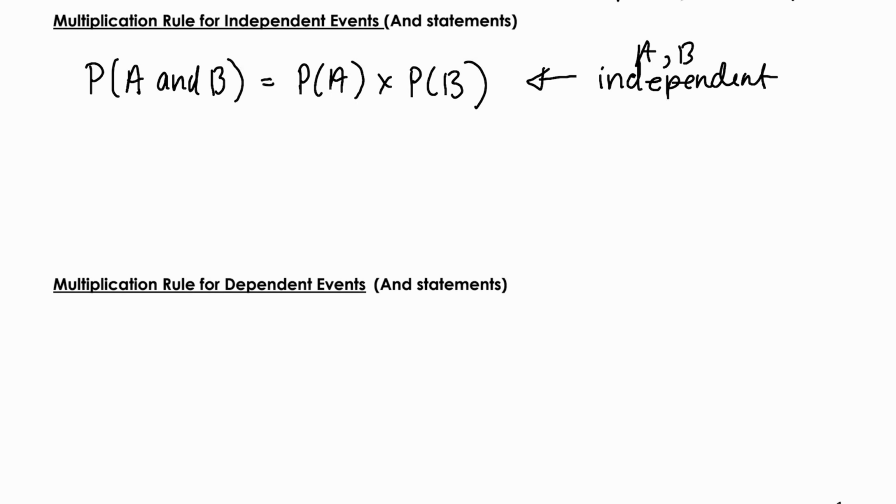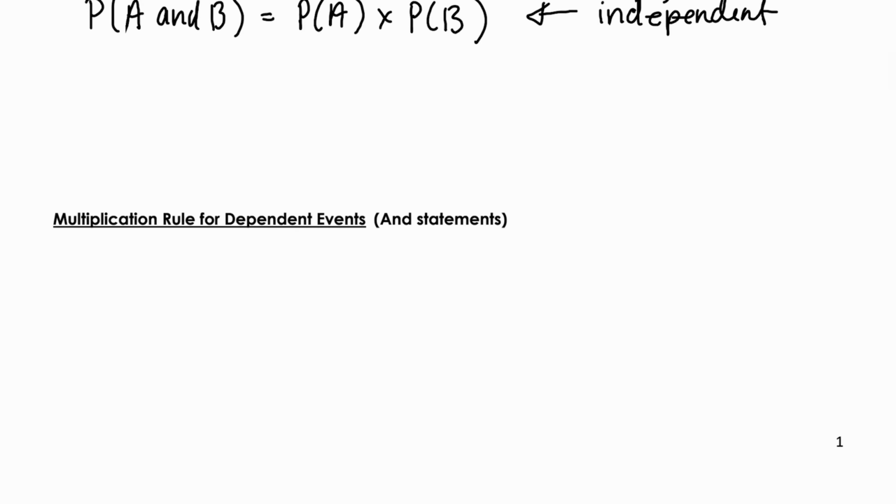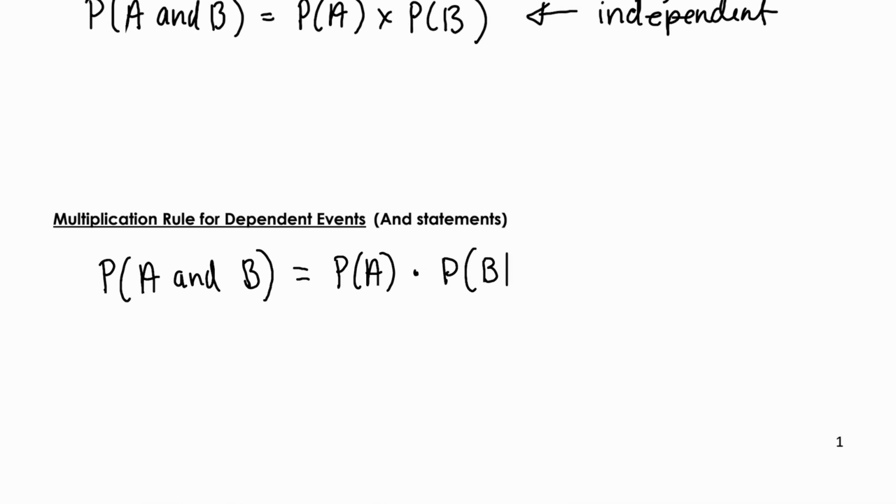If the events are dependent on each other, such as the chip example, then we have what's called conditional probability. We would find the probability of event A and event B by taking the probability of event A and multiplying it by the probability of event B happening, given that we already know that event A has happened. This little line here means "given."